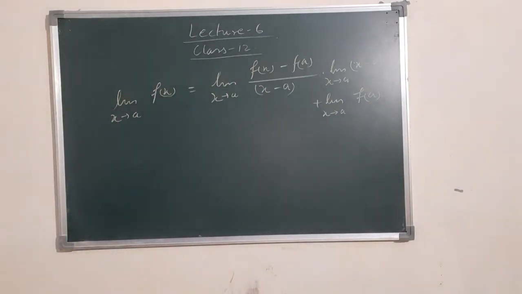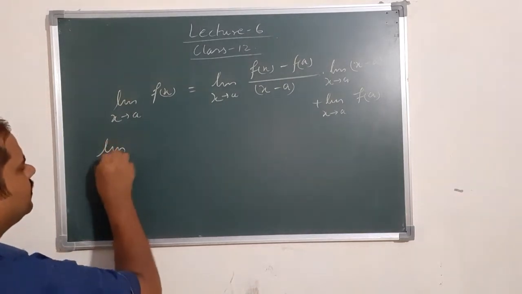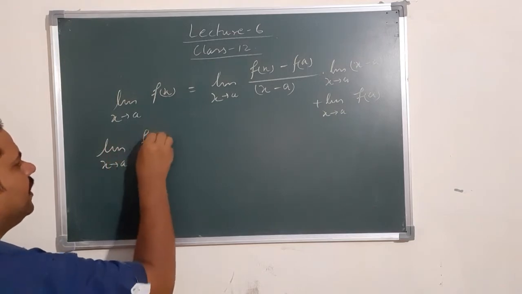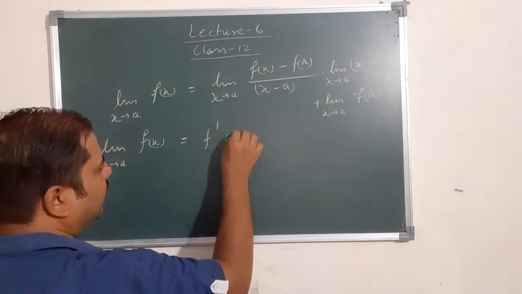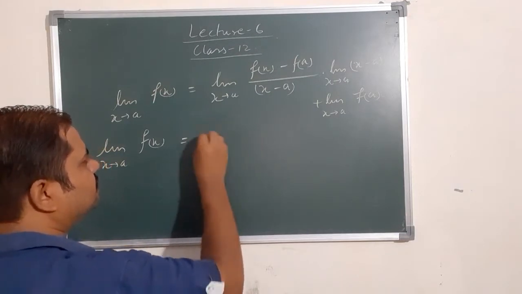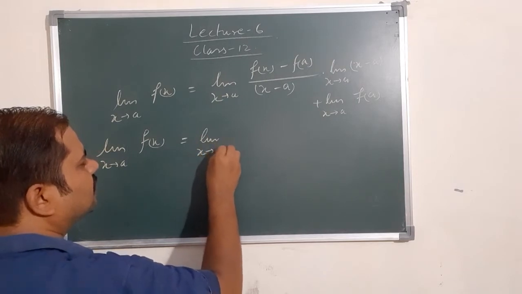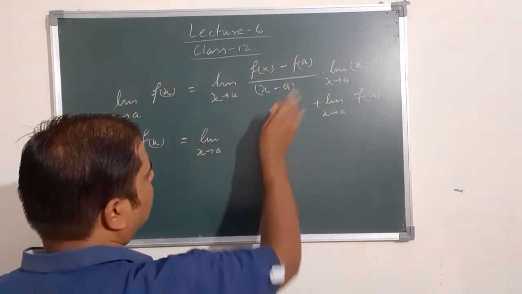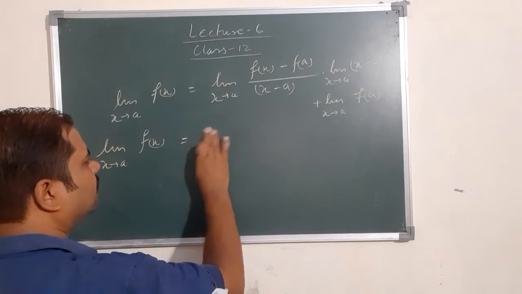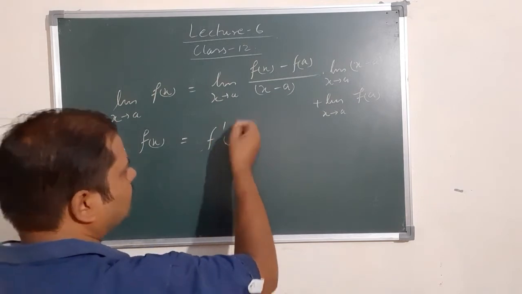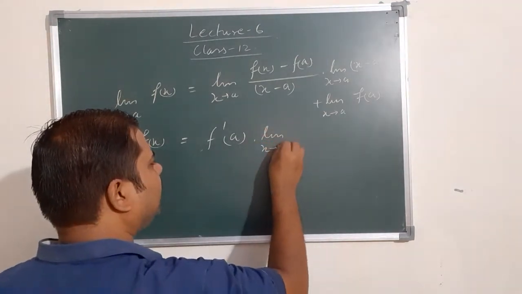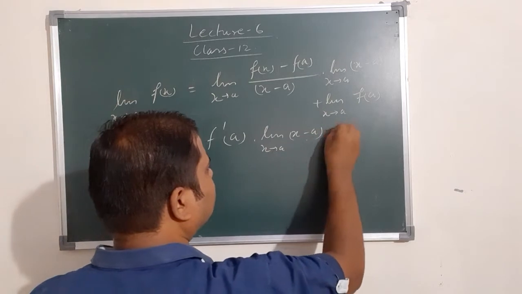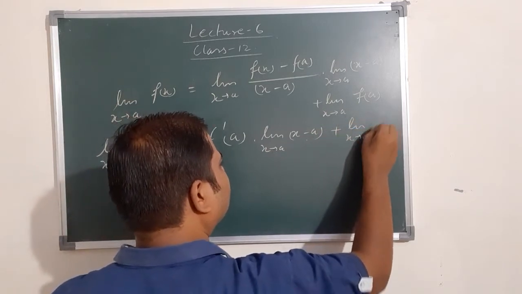So we can write limit x tends to a f(x) is equal to f dash a, the derivative of the function at x equal to a, into limit x tends to a of (x minus a), plus limit x tends to a f(a).